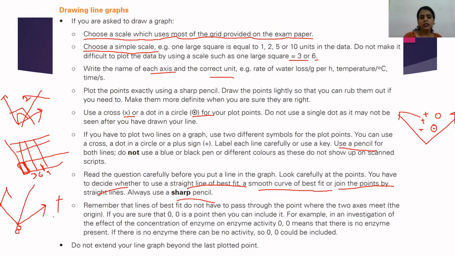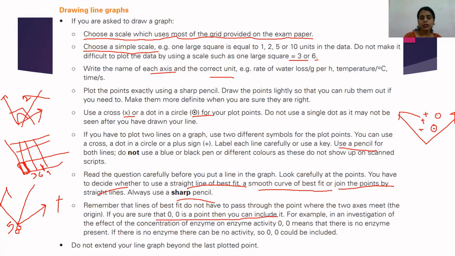But if the origin is 0 for the x-axis but for y it is some other number, for example 5, then you cannot pass the line of best fit through the origin, because that point is different for the x-axis and the y-axis. If you are sure that 0, 0 is a point, then you can include it.